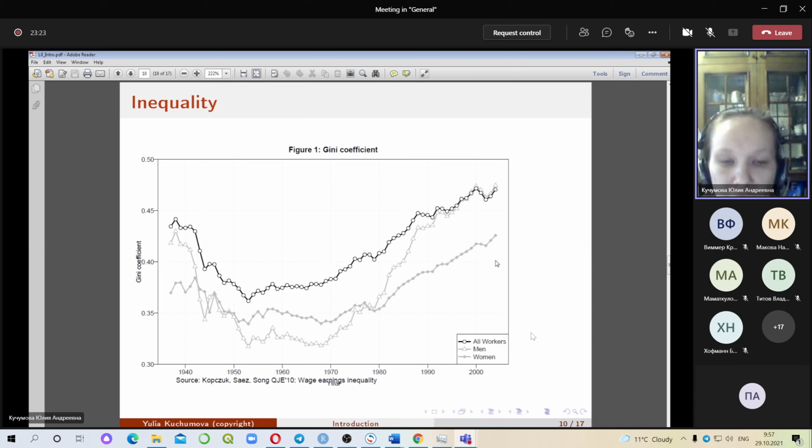You see that after the Second World War there was some decline in inequality.